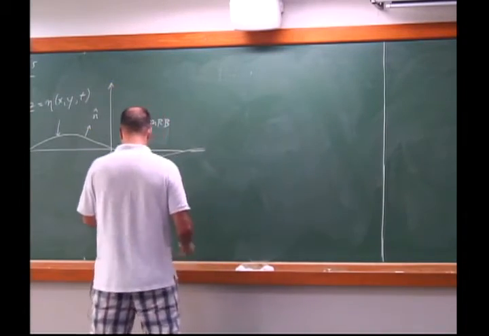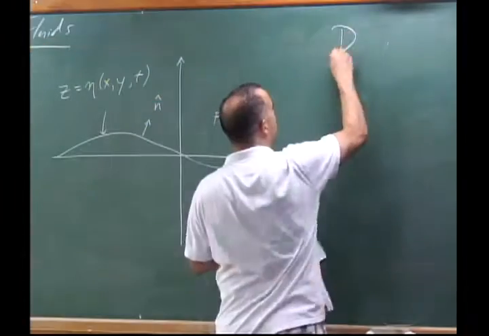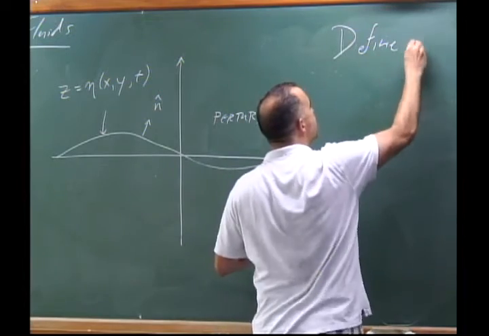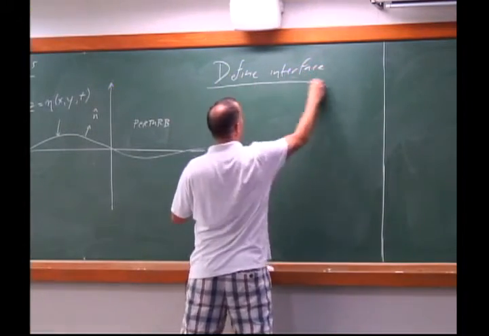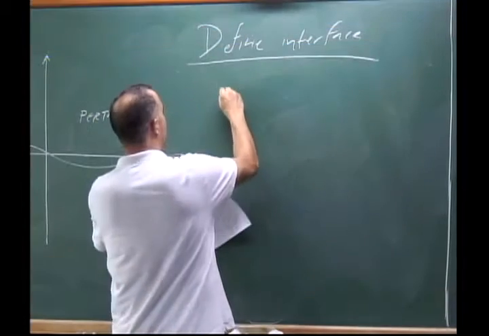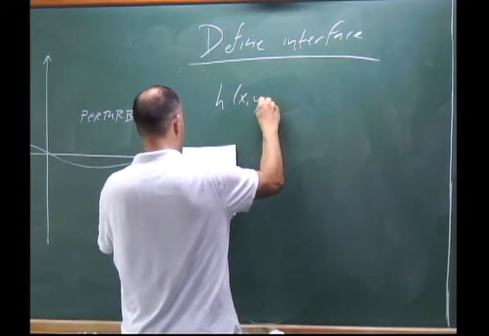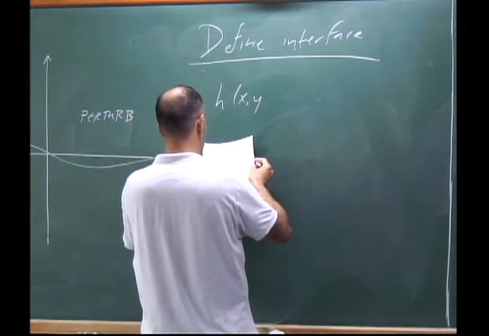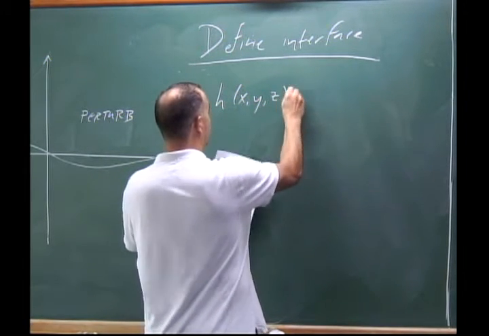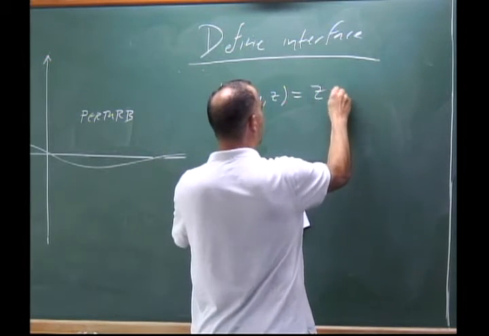So let's define the interface. We want to define the interface in the normal. So H, so we can define a surface functional.